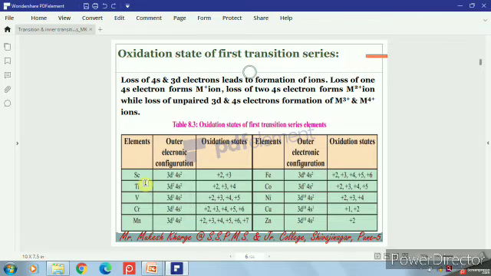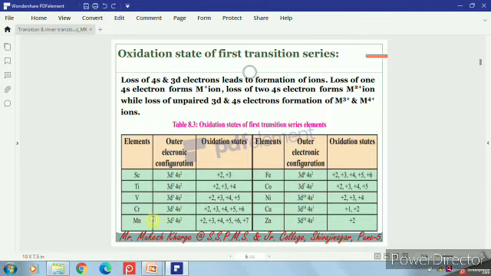So as we increase the atomic number by one, their oxidation number also increases by one. So +4, +5, +6, and +7.